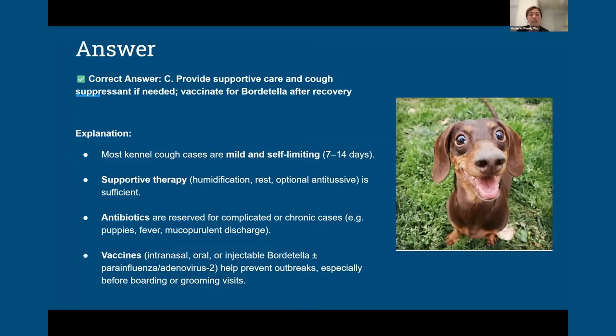Supportive therapy can include humidification, rest, and a little bit of antitussive, so cough suppressant if possible. Antibiotics are reserved for more complicated cases, and we don't want to throw antibiotics around like candy and cause antibiotic resistance for everybody. And then vaccination, as I said, will prevent outbreaks, but we will do this after our pet has recovered.